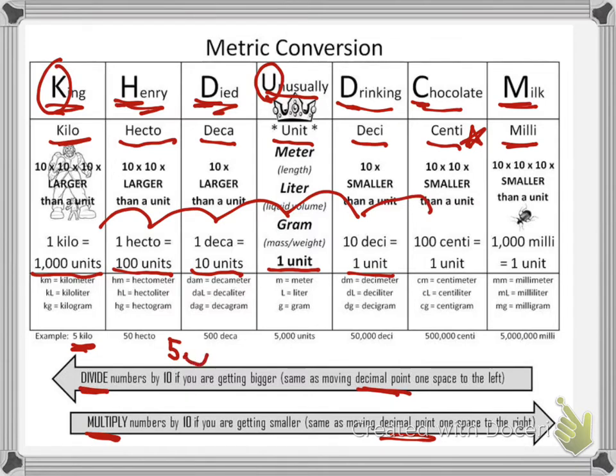And I put my new decimal point there, and I fill this up with zeros because we are multiplying. And this becomes 500,000 centigrams.